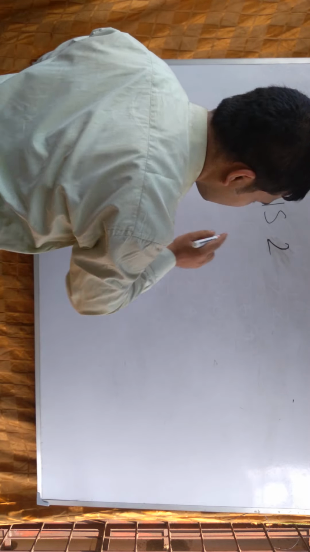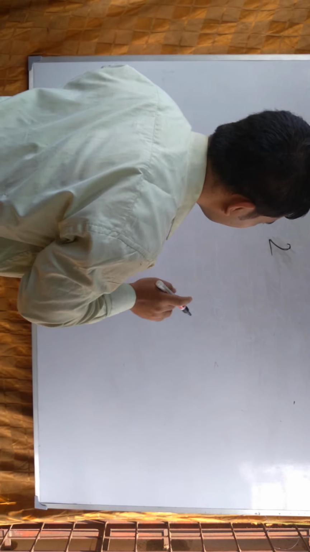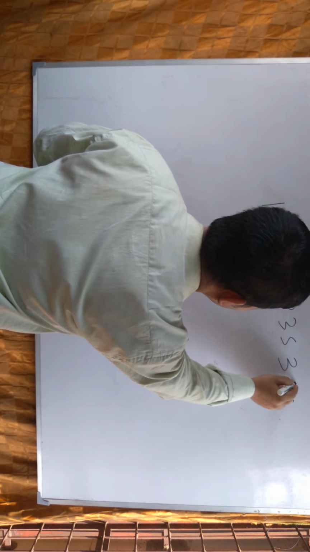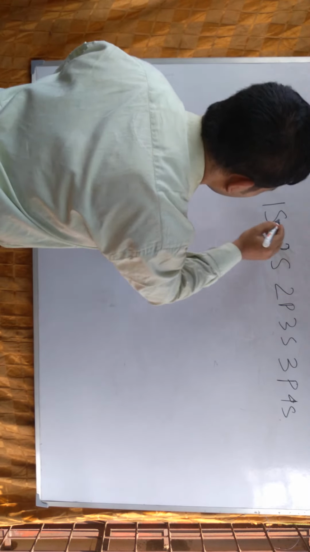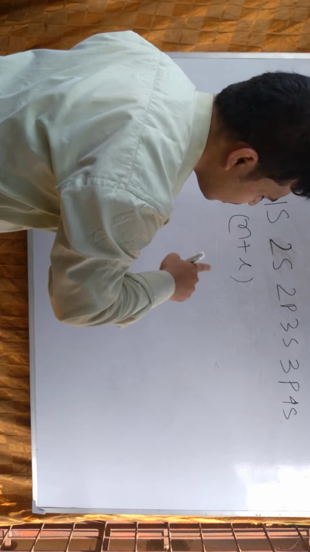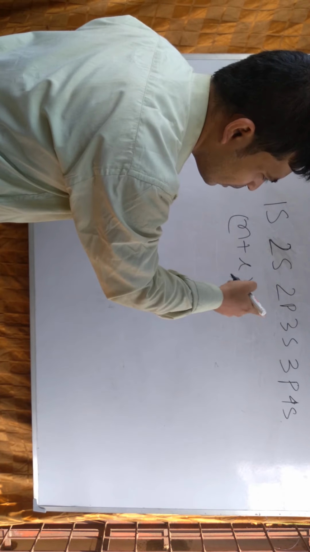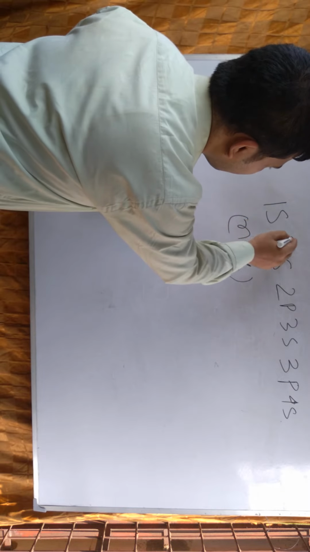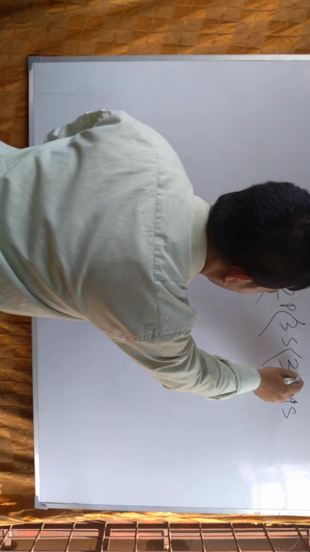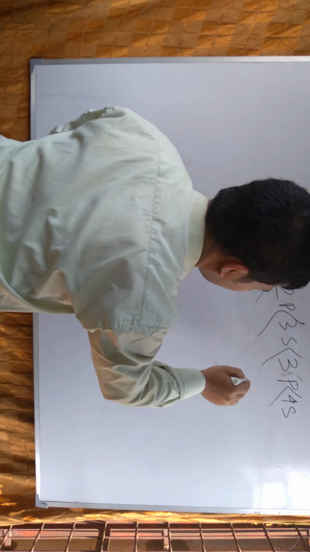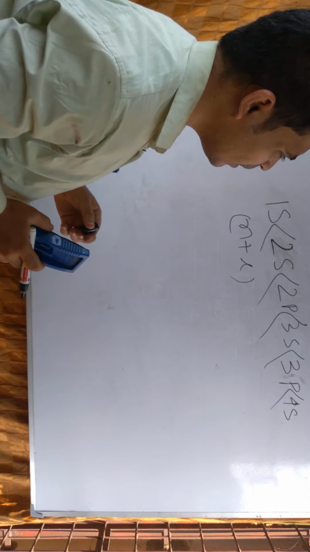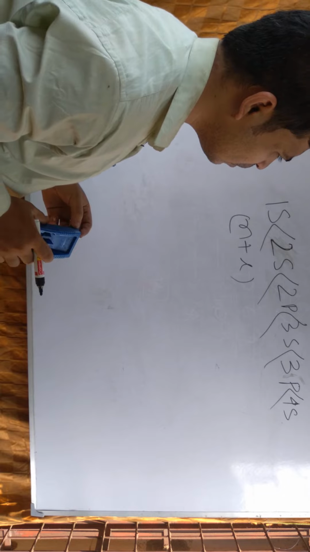Orbitals are arranged as 1s, 2s, 2p, 3s, 3p, 4s, etc. This is the increasing order of n plus l value, and the energy of the orbitals increases in this order.